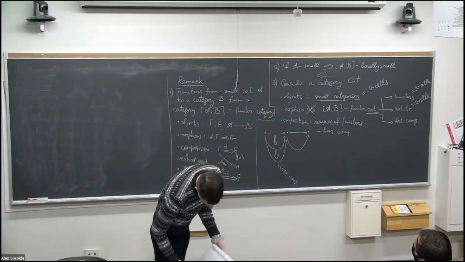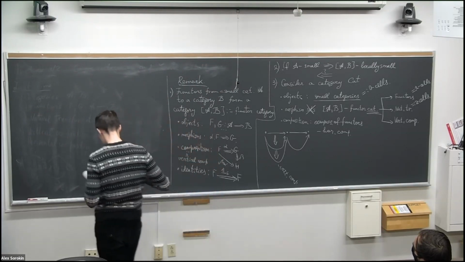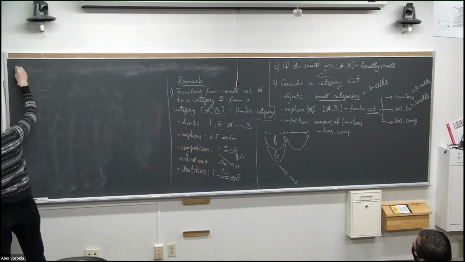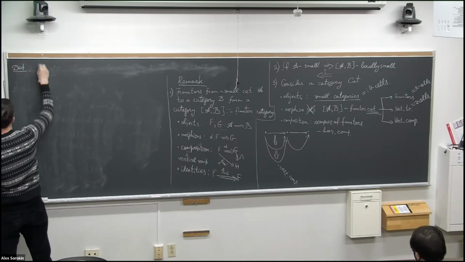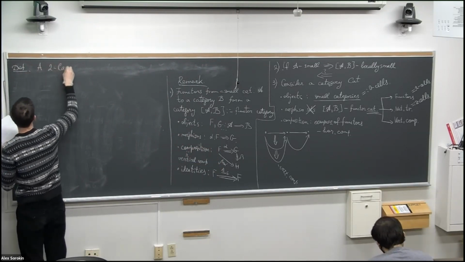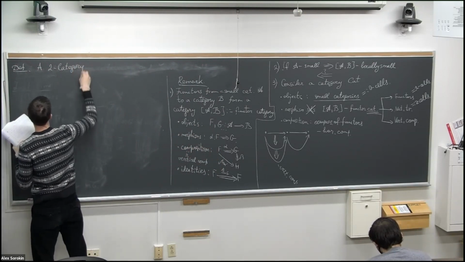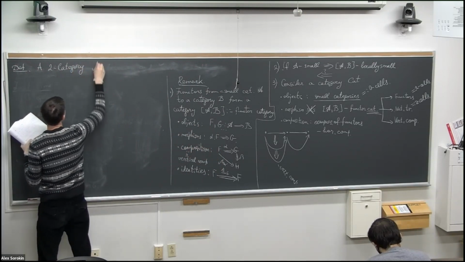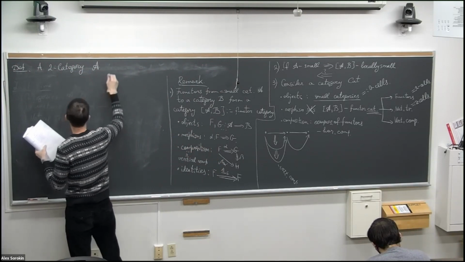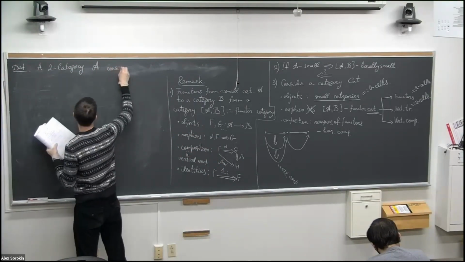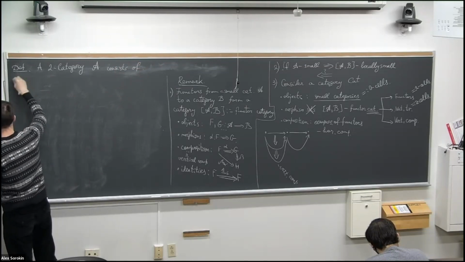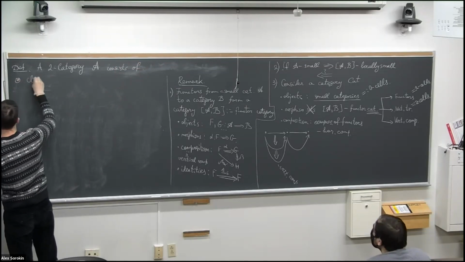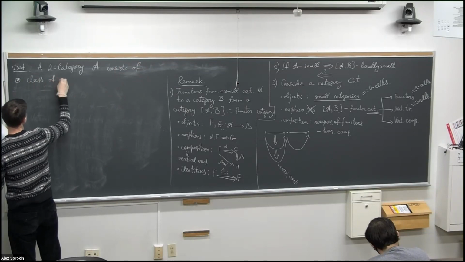Not to miss any detail, I will say that a 2 category A consists of a class of objects, nothing new.